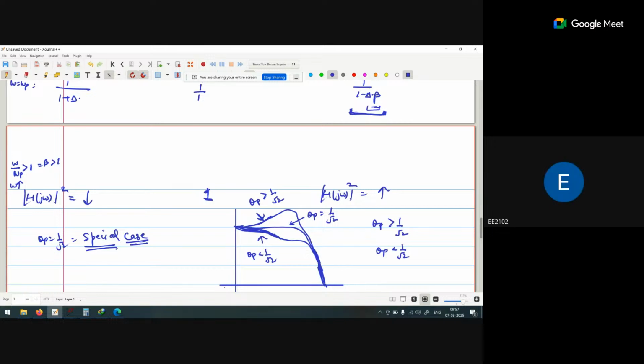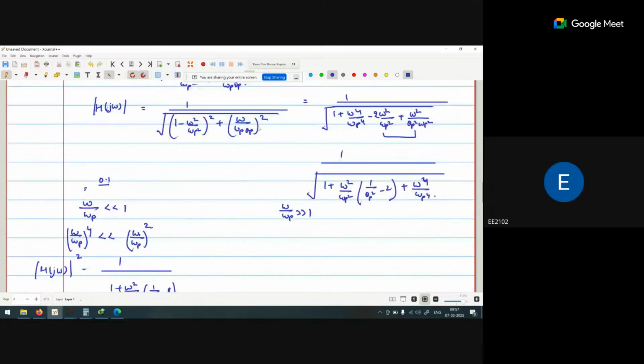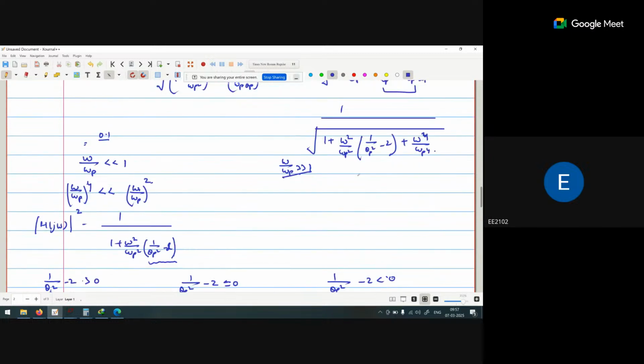Now the second thing we did is, if omega upon omega p is greater than 1, in this case omega upon omega p raised to the power 4 is much greater than omega upon omega p square. So this term will be neglected.